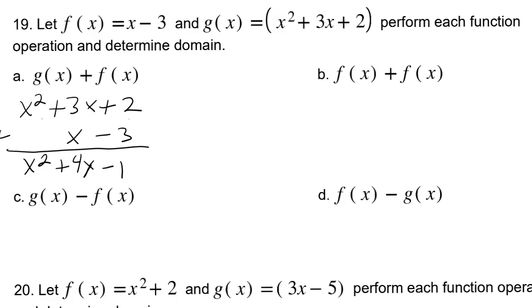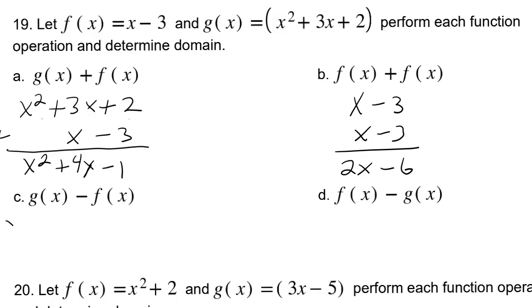So that's going to be g of x plus f of x. The next one is you're adding it to itself. So you have x minus 3, and you have x minus 3. So you have x plus x, which is 2x. Minus 3 minus 3 is minus 6. So f of x plus f of x gives you 2x minus 6.